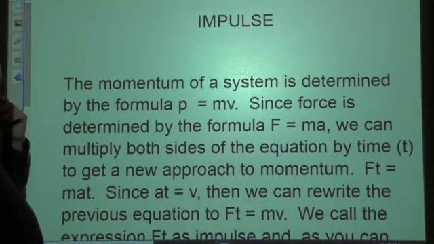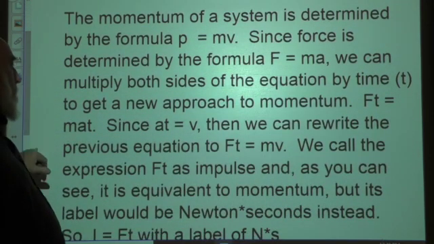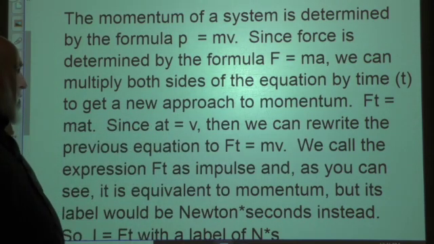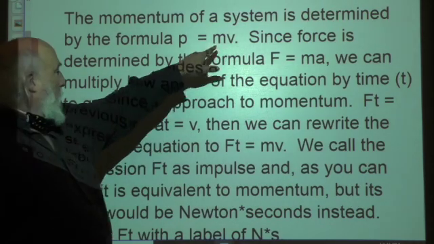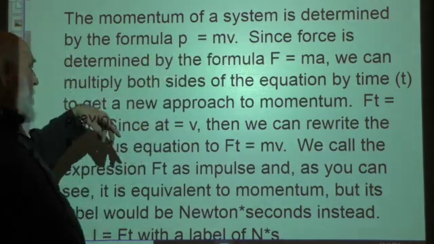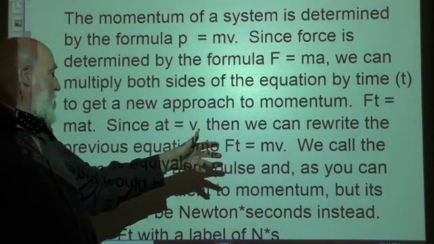So if we were to find the fact that a times t equals v, then if we take that a times t and put it right here for v, the momentum can be calculated by taking m times a times t.